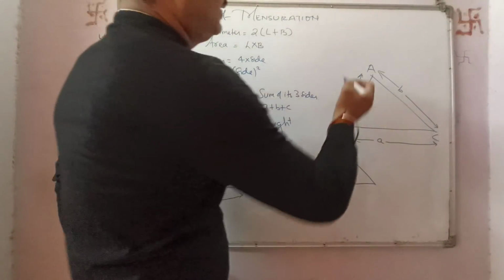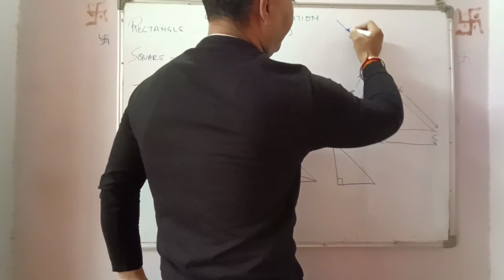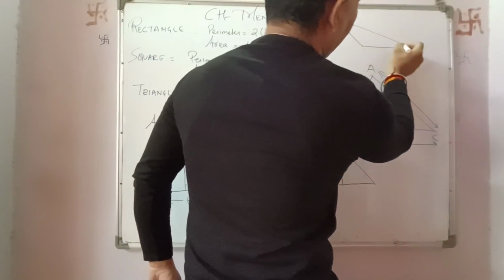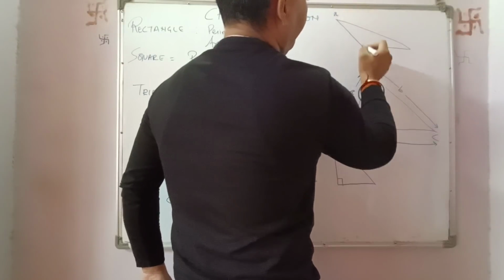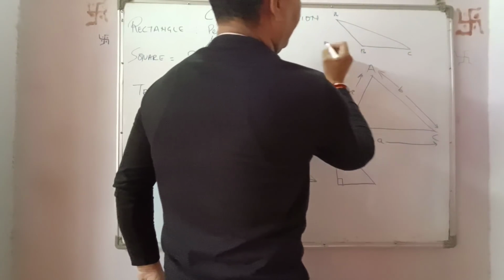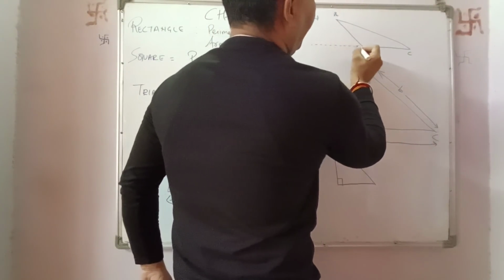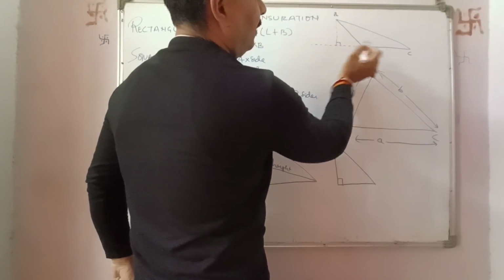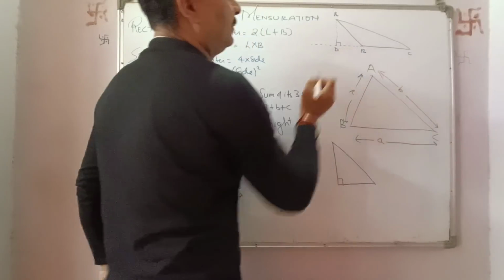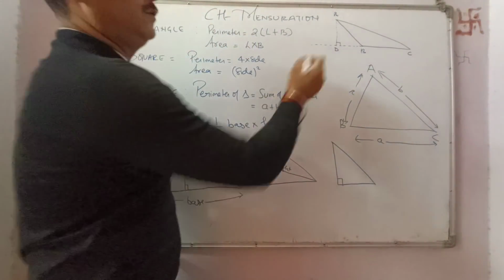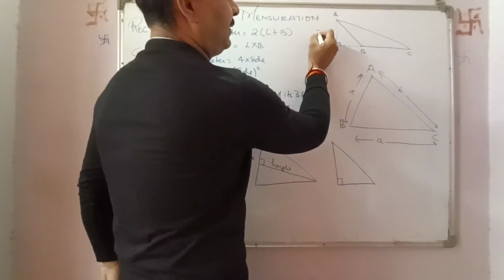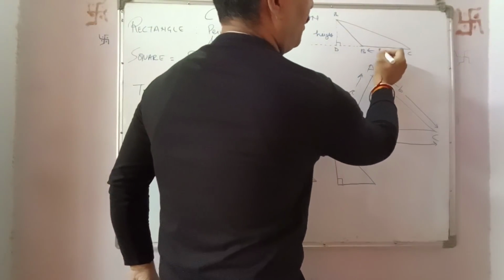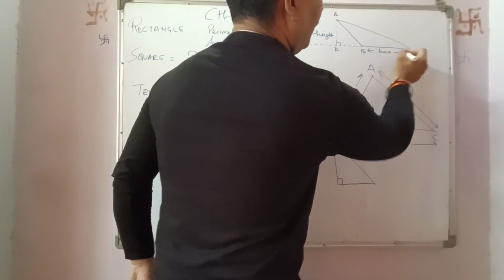One more case we can discuss: an obtuse angle triangle ABC. If I drop a perpendicular from A on the side BC produced, no doubt AD is the height, but the base will be only BC, not DC.